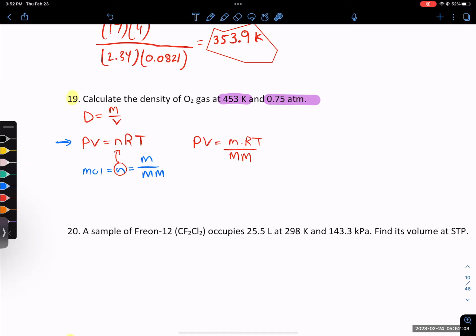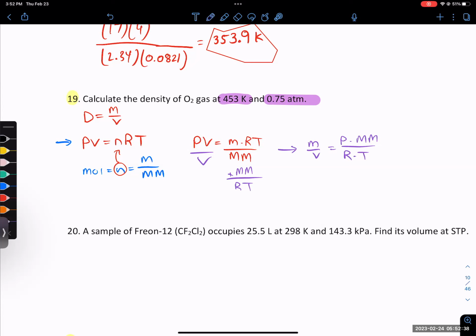If we solve this equation algebraically to get mass over volume, you multiply times molar mass and divide by RT on both sides, and we divide by V on this side. So you get m over V is equal to pressure times the molar mass over R times the temperature.